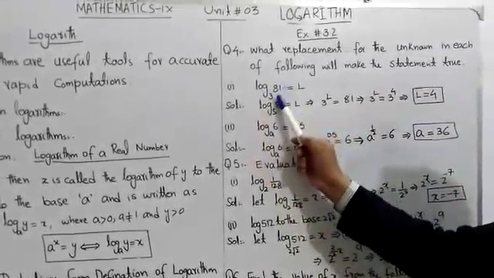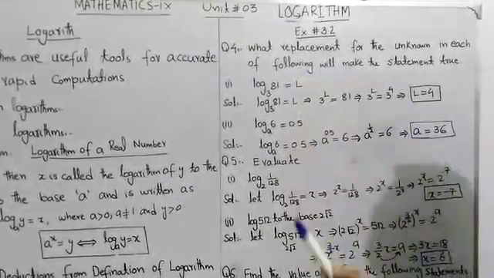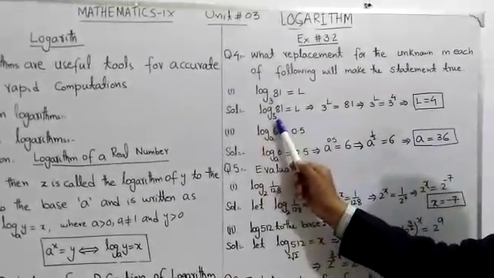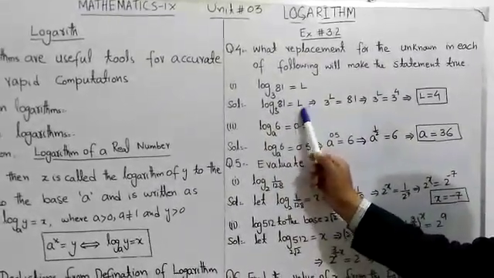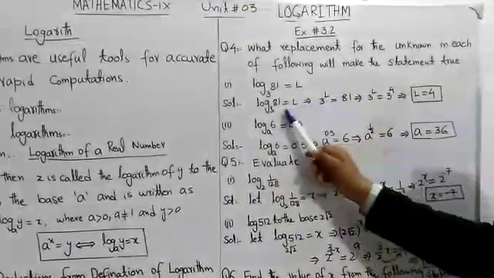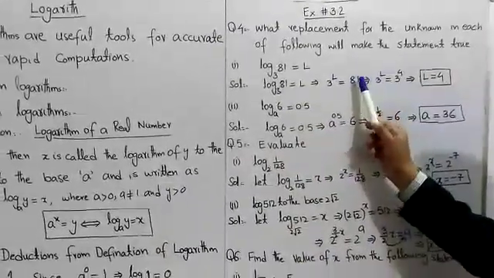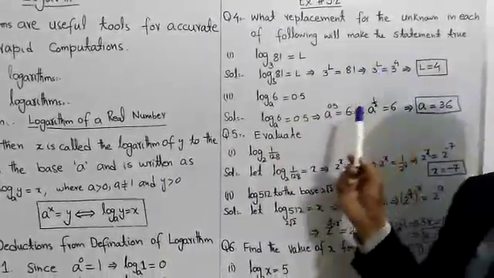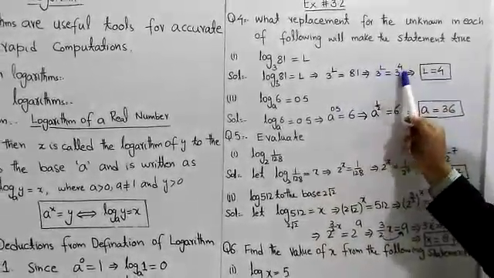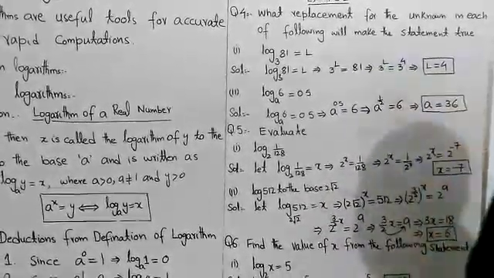Log of 81 to the base 3 is equal to L. We just have to find the value of L. Solution: by converting into the exponential form, 3 raised to power L is equal to 81, and this 81 can be written as 3 raised to power 4. So by equating these exponents, L is equal to 4, that is the required number.